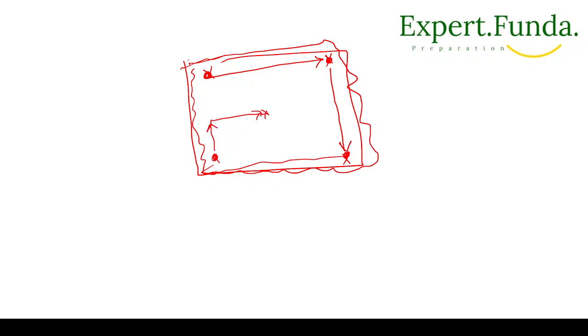Each time we will go and do this similarly. Once we reach the boundary, we will implement this. If we are not going here, we will go here, so this will become your complete boundary.